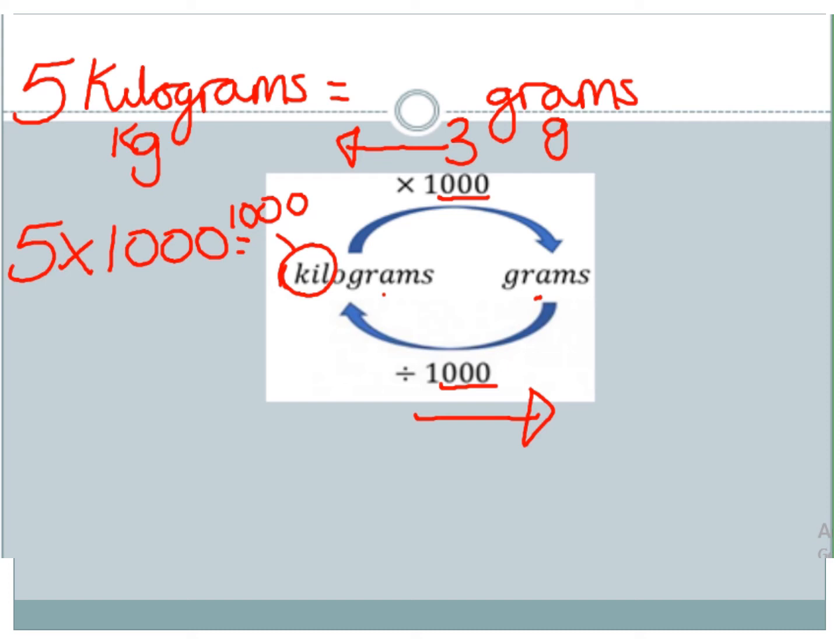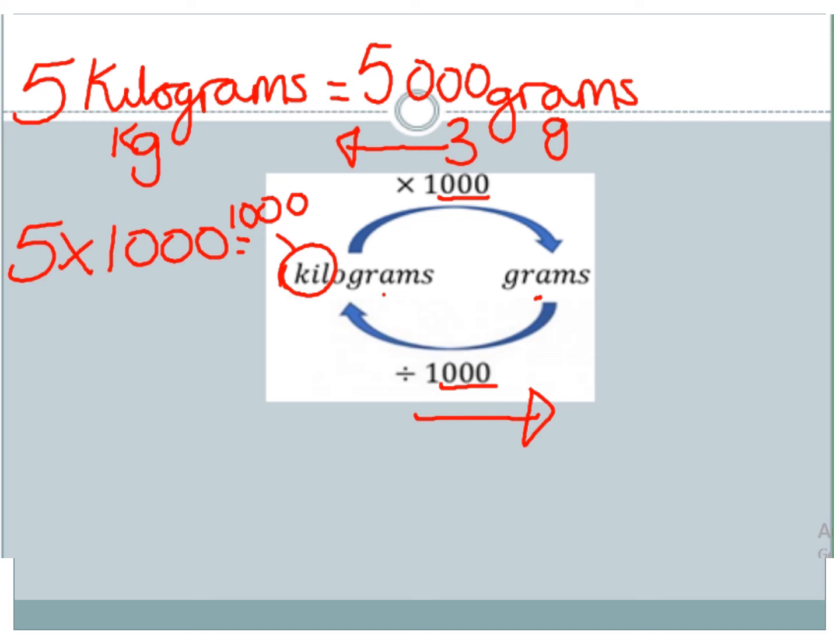So that gives me 5,000. Okay? Please remember we are not adding 3 zeros. We are digit shifting them all over. And if you need to use a place value chart, please do.